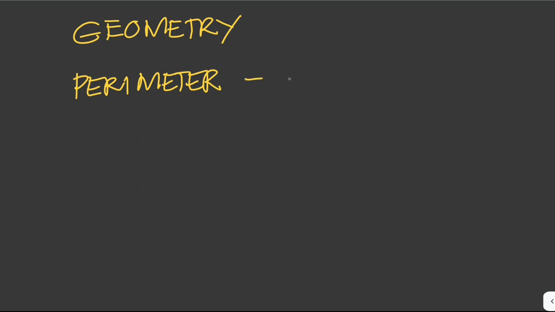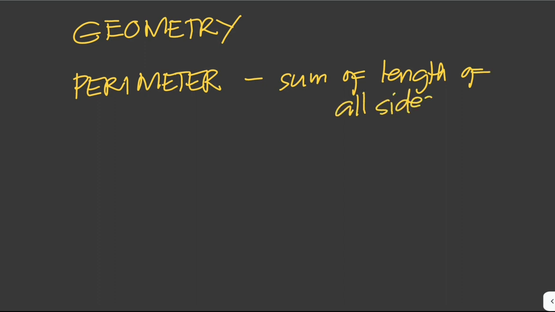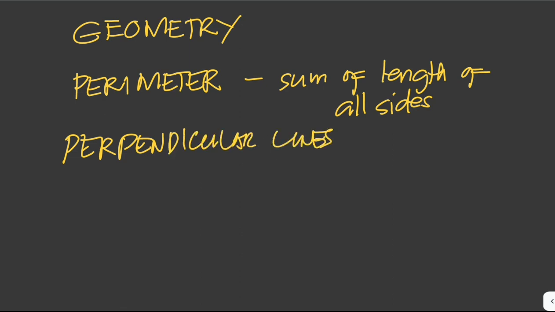So this is just the sum of the length of all sides. And then we have perpendicular lines. Those are lines that intersect. So that one.